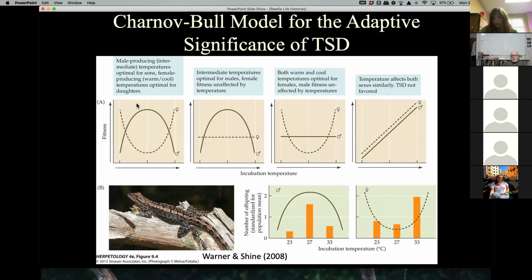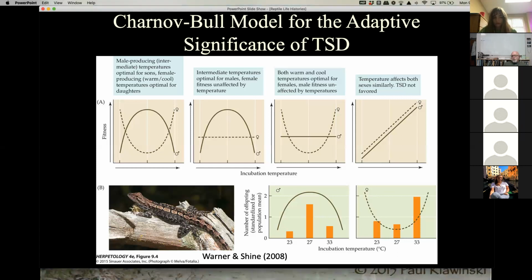And so what Charnov and Bull basically said was, in order for temperature-dependent sex determination to evolve, there has to be a situation where the incubation temperature of males and females is correlated in terms of their fitness consequences, but those fitness consequences have to be different for males and females at the different temperatures.